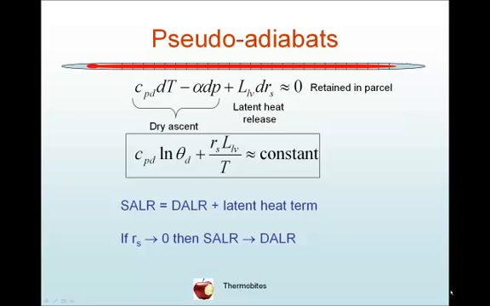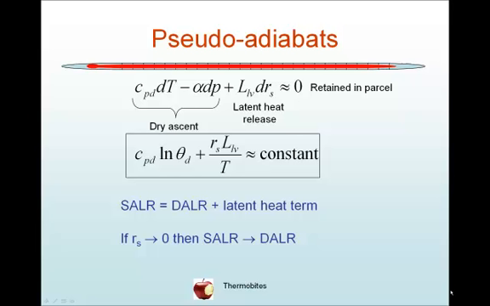So changes in the saturation mixing ratio of the parcel as it rises, and we assume that that's contained within the energy budget. That is, it's retained in the parcel. When we manipulate that top equation, and I'll leave that as an exercise for you, you get the equation inside the box. So Cpd log of theta d represents the dry ascent, and then the Rs LLV on T represents the contribution due to latent heat release.